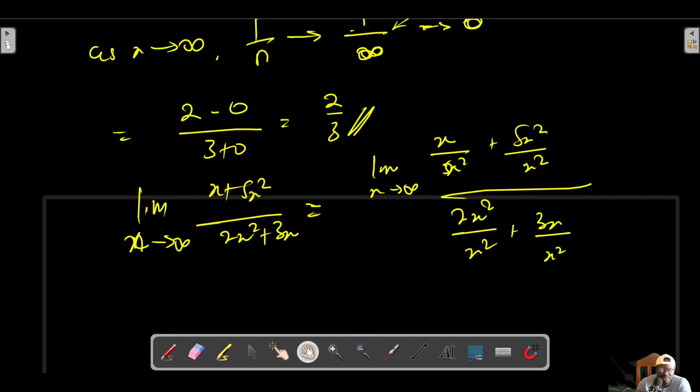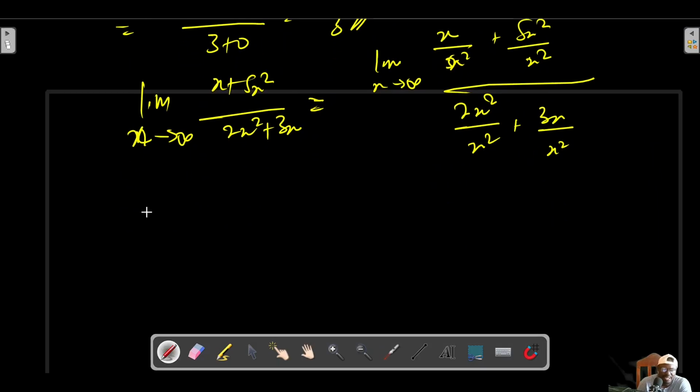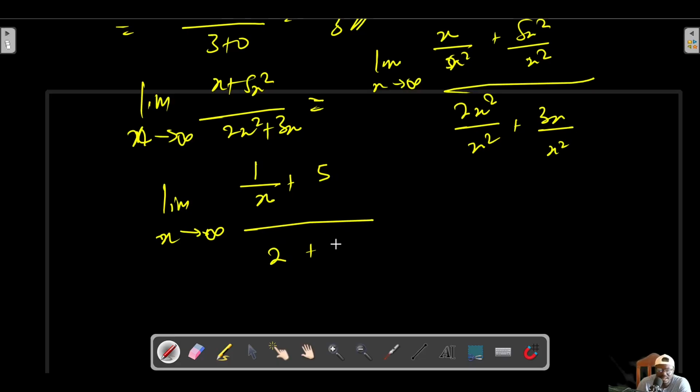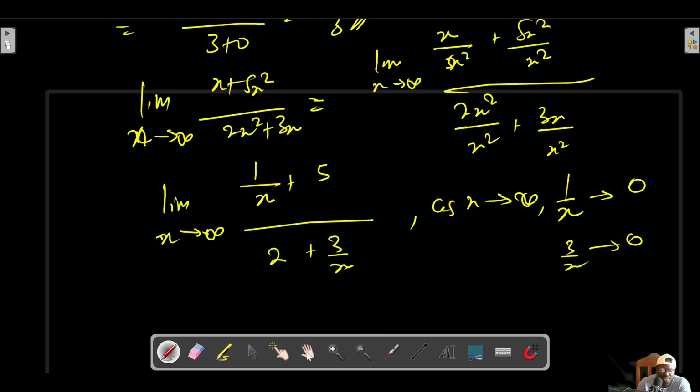We end up with the limit as x approaches infinity of (1/x + 5) divided by (2 + 3/x). So realize as x approaches infinity, our 1 over x approaches 0, and also our 3 over x approaches 0.